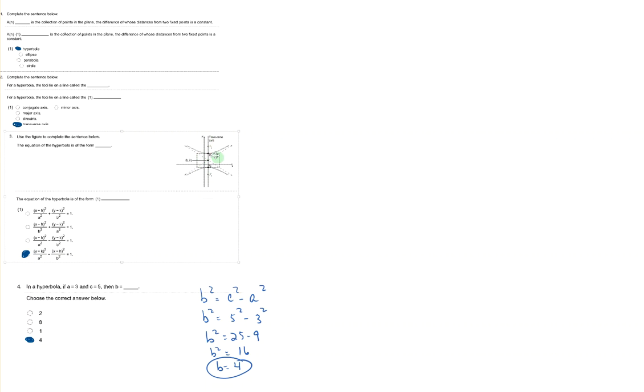We're over here. So the center is not at 0, 0. So that's going to be y minus k, where k is the y part of the center, squared over a squared, minus x minus h squared over b squared. And that would be right here. Okay.